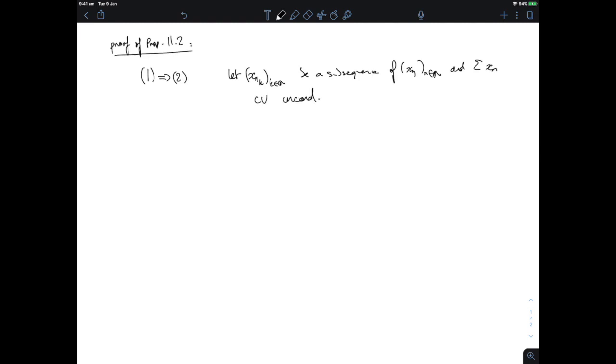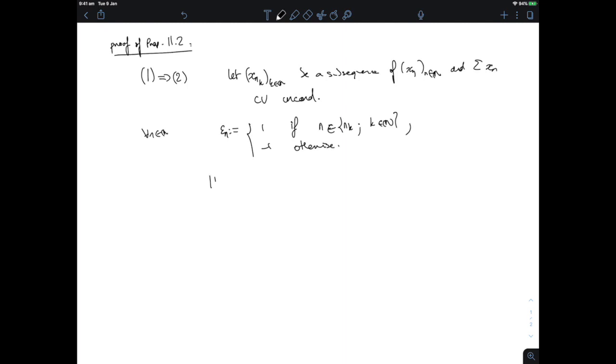What do we do? Well, we just pick an appropriate choice of signs. We're going to pick epsilon_n equal to 1 if n belongs to the set of all n_k's, so if it is in my subsequence, and minus 1 otherwise.